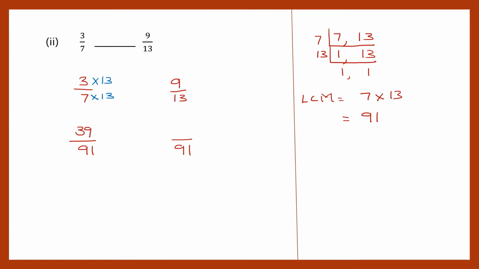Next one, 13 into 7 is 91, so 9 sevens are 63. So we have like fractions now. Look at the numerators. The greater numerator is 63, so 9 by 13 is the greater fraction.